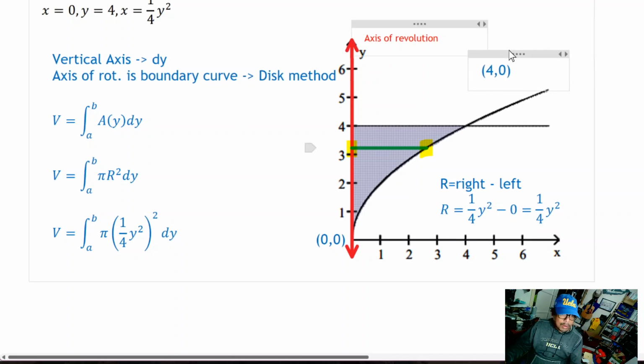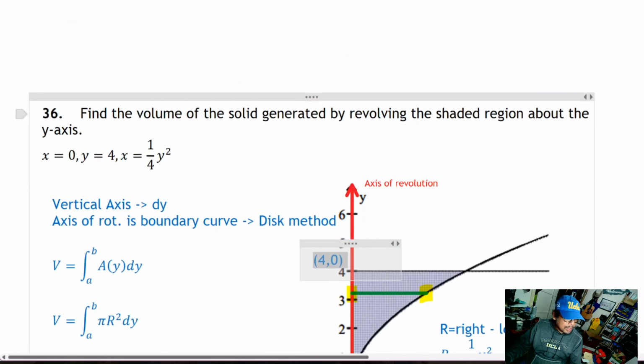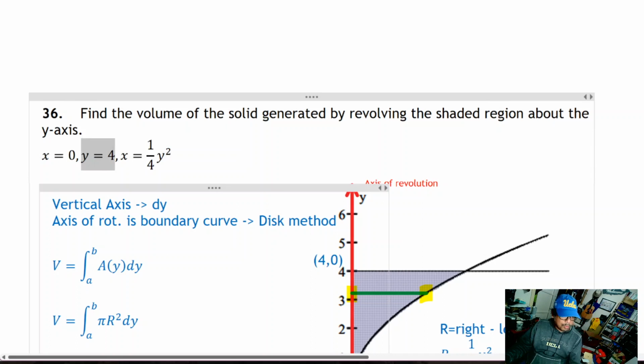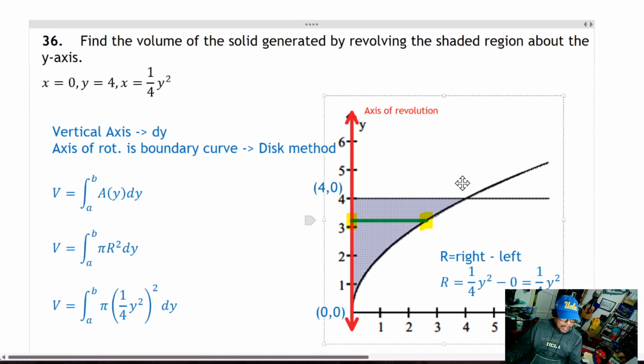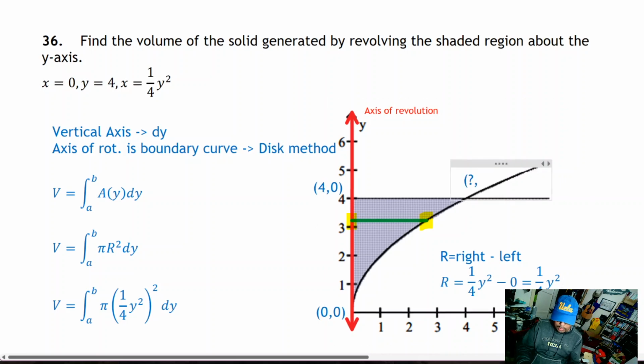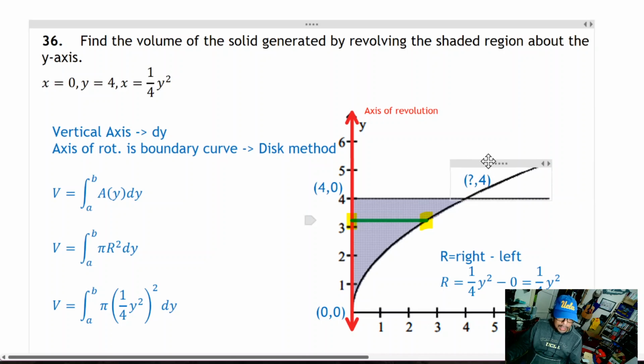And I know I'm saying looks like, but I really do know that that's 4, 0, because this horizontal line is the line y equals 4. So over here, I also know that the y-coordinate is 0. No, sorry, the y-coordinate is 4 because it's on that line.